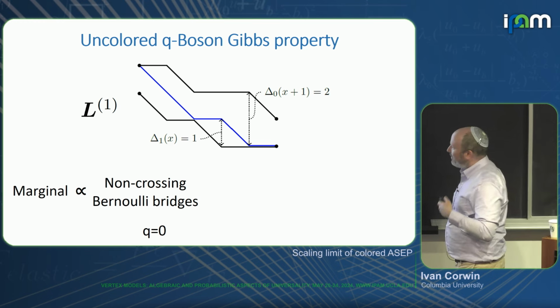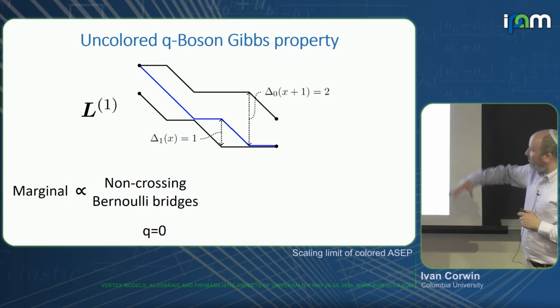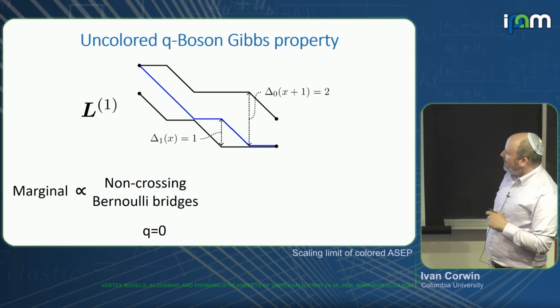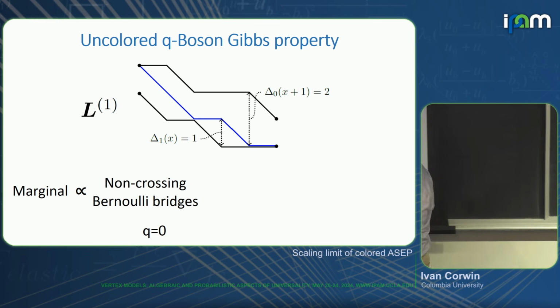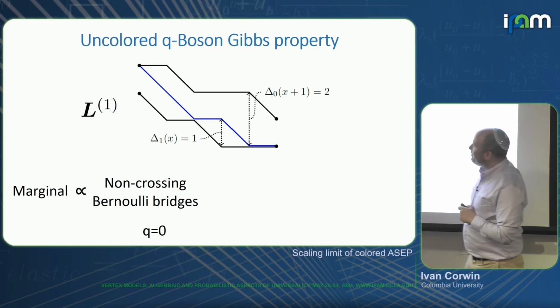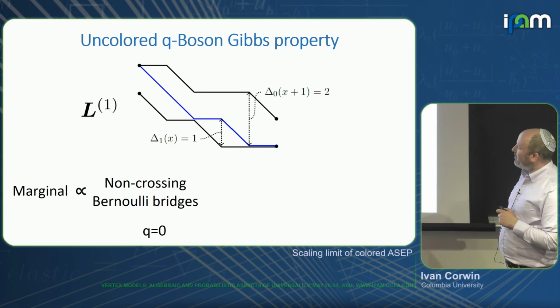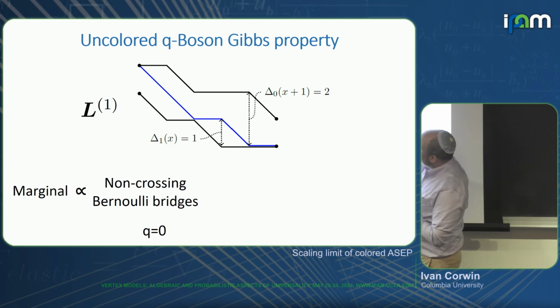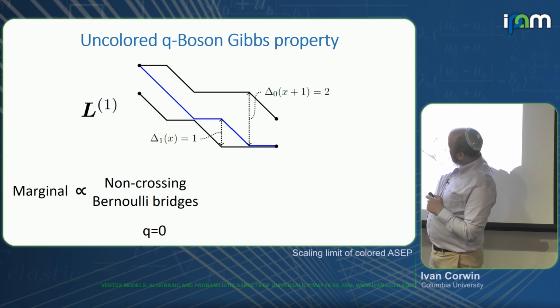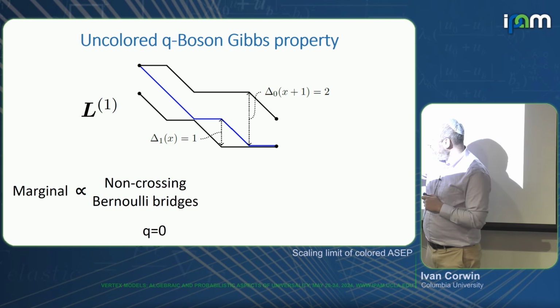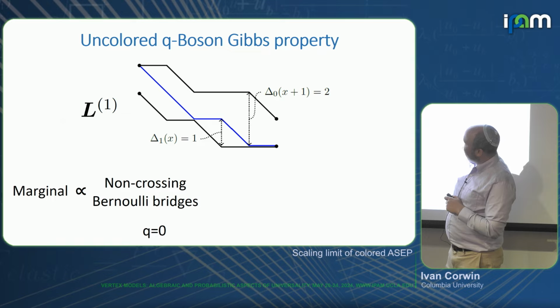So this is where you look at colors 1 through n, or colors 1 through 2. And when Q equals 0, if I look at, say, the marginal distribution, I have this ensemble of curves, say a given curve, then actually, given the curve above and below, that will be marginally a non-crossing Bernoulli bridge.